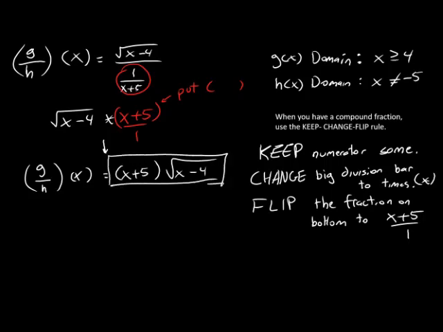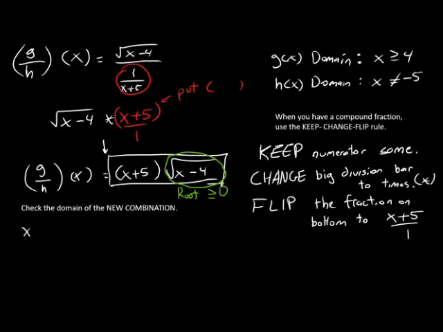Now let's check the domain of this new combination. Inside of this combination, we have no fractions anymore, and we have no logs, but we still do have a root, and we remember the root rule says that the inside of that root must be greater than or equal to 0.